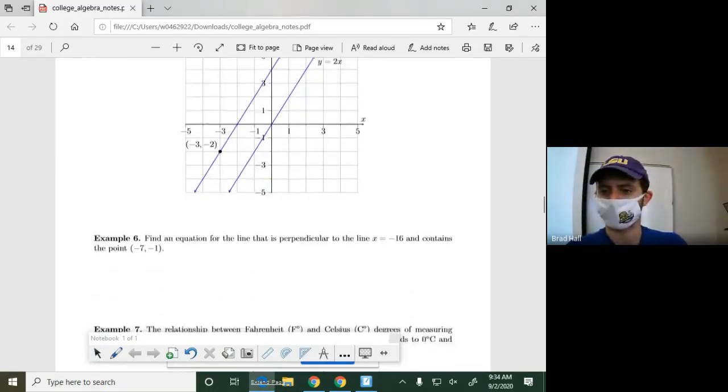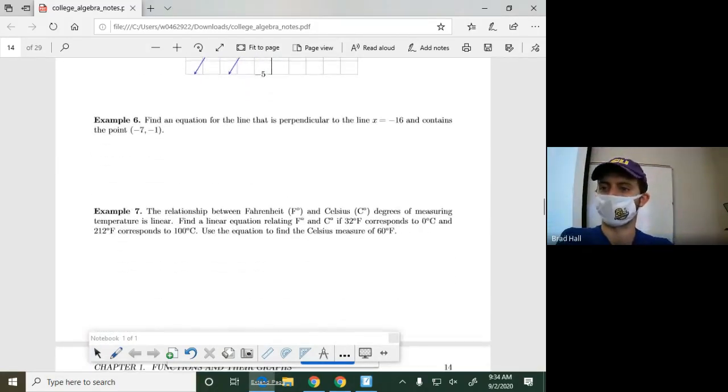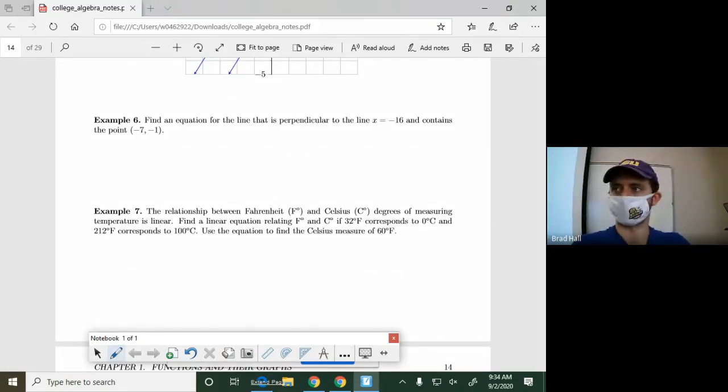Example 6: find an equation for the line that is perpendicular to x = -16 and contains that point. So if anything, let's try to visualize this initial line that they give us.